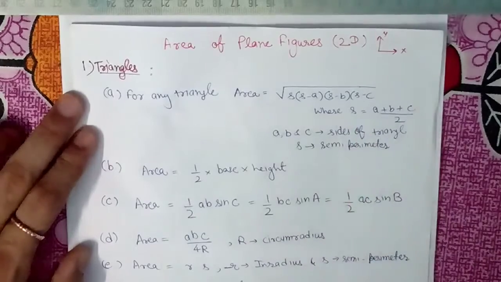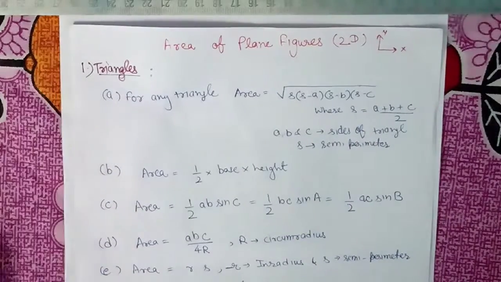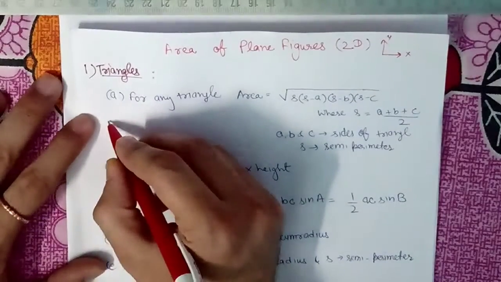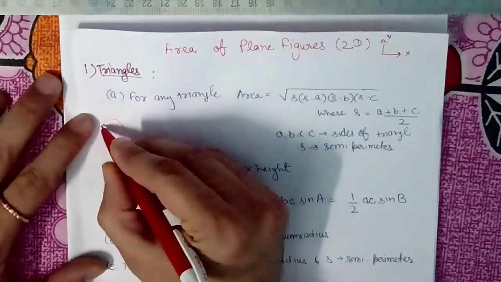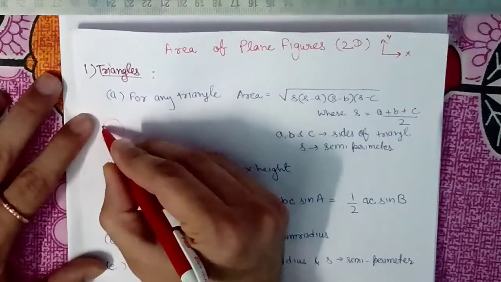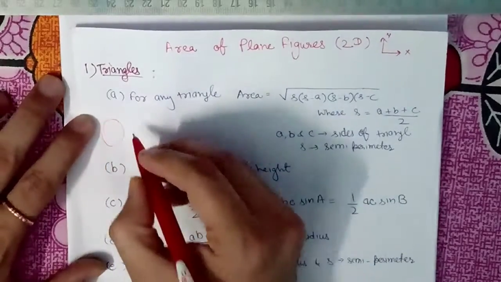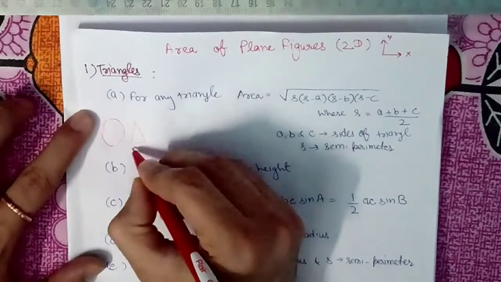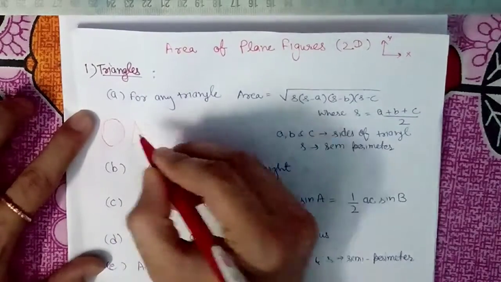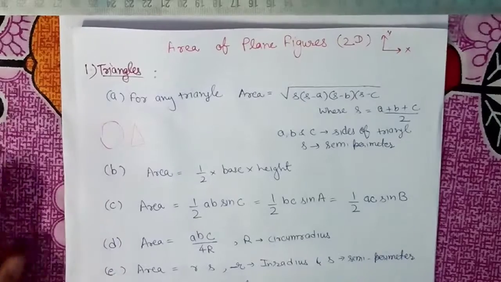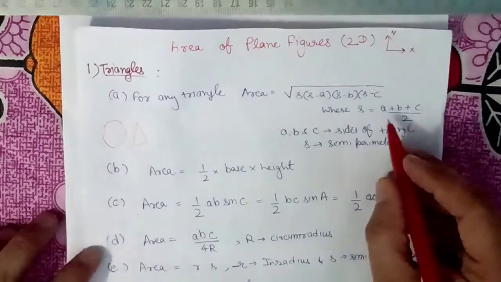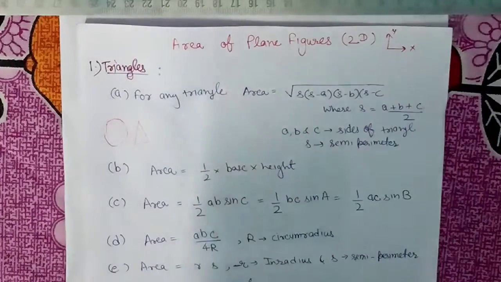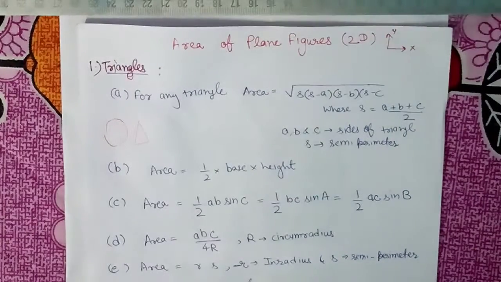Perimeter is usually in 2D the outer boundary. For example, if there is a circle, the length of this circle will be known as the perimeter. In the case of a triangle, the summation of the lengths of the sides will give you the perimeter, and the semi-perimeter will be equal to half of that perimeter. So semi-perimeter will be half of the perimeter.